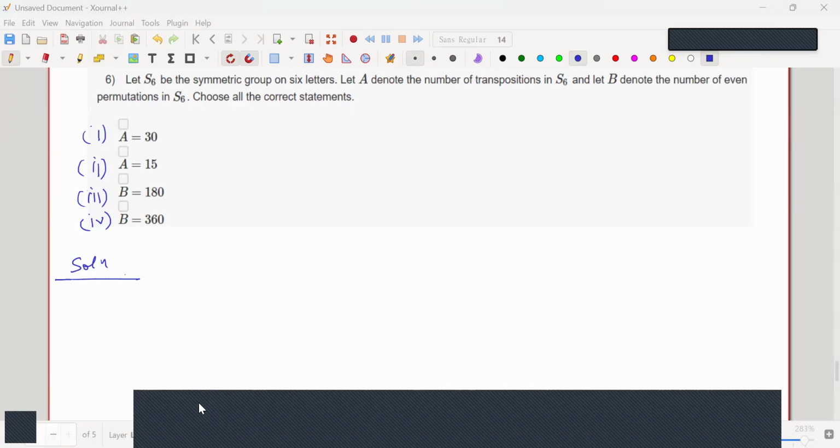So yes, there are two ways to see. First, you can see there is a two cycle. In the first place you have six options, in the second place you have five options, and AB is the same as BA. So 6 into 5 should be divided by 2 to account for this repetition, and thus there are 15 options.